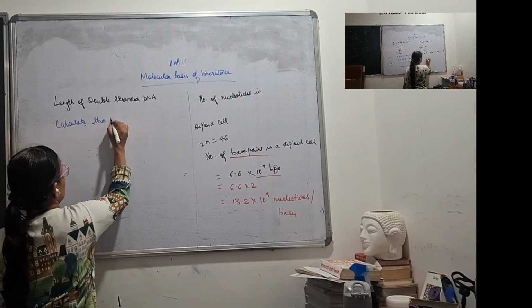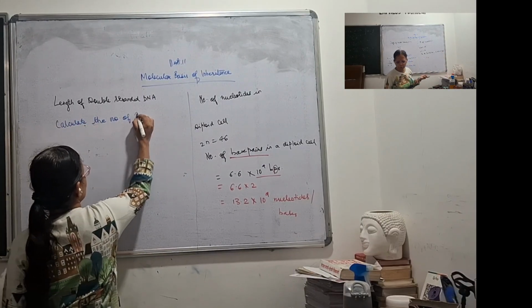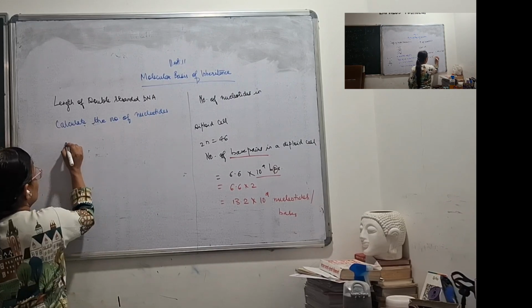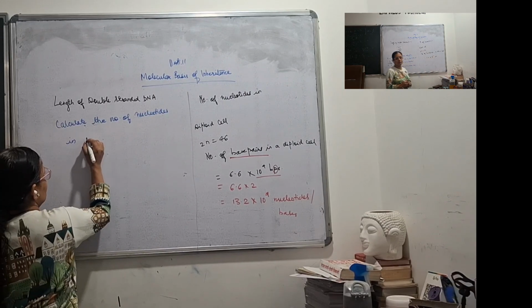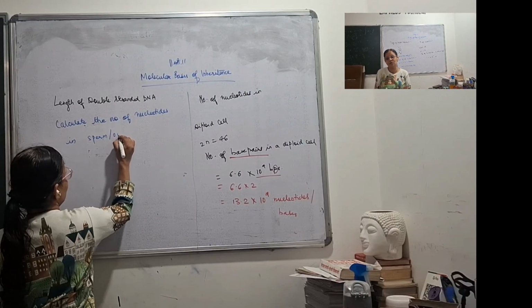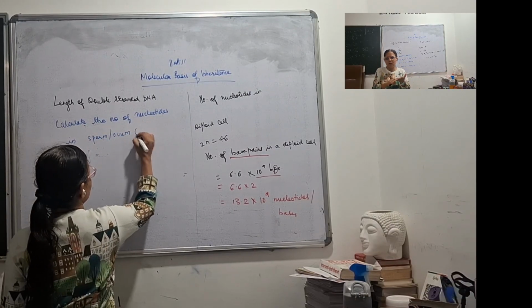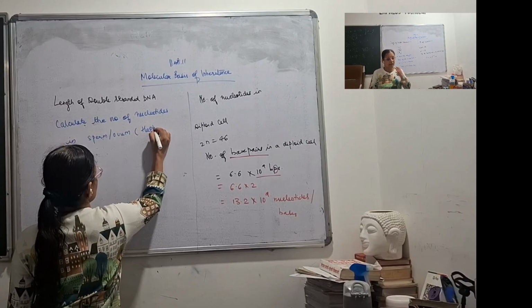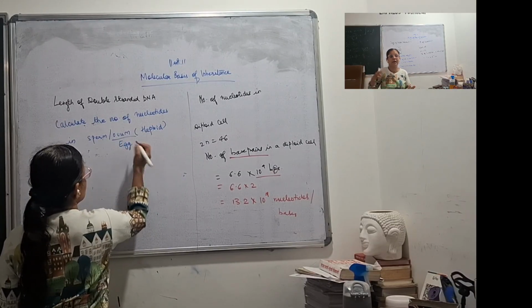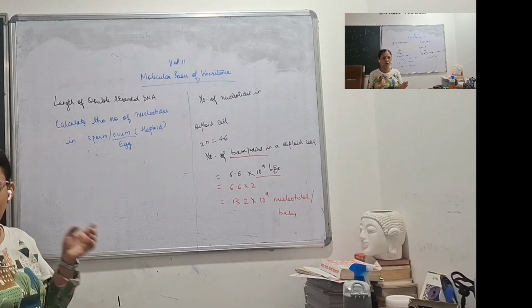the number of nucleotides in sperm or ovum, any, because both are haploid, isn't it? So sperm and ovum, or you can even call it as egg. So these are sex gametes, so they are haploid.